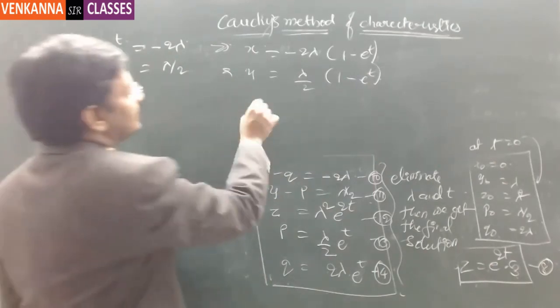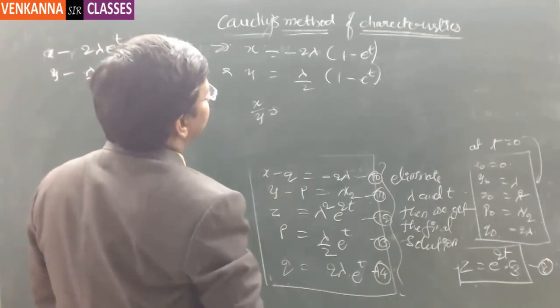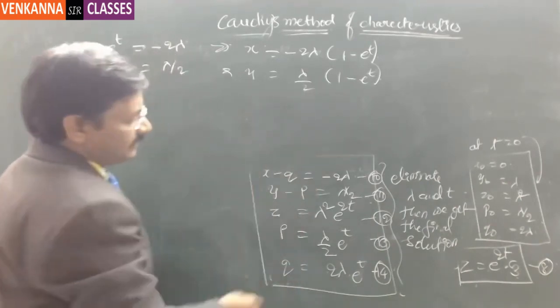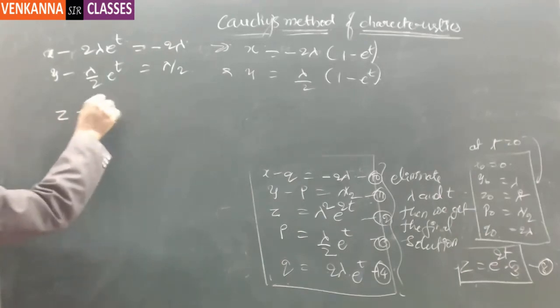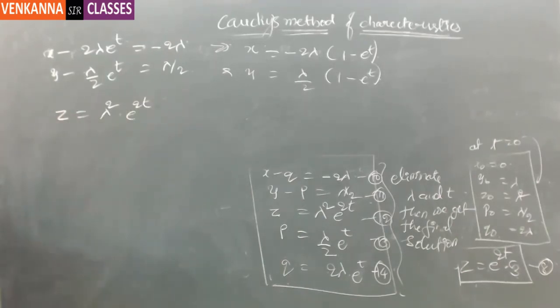Then if you take this ratio, x by y is equal to... or actually just leave it as it is. Then the z value is coming out to be lambda square times e power 2t. Now the lambda value actually we need to express.